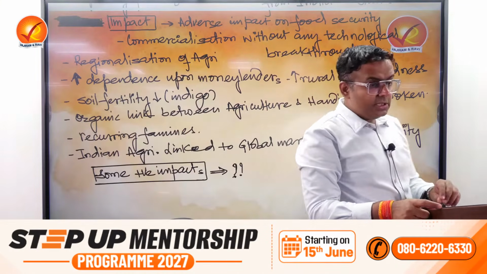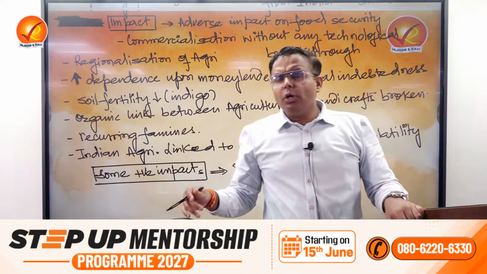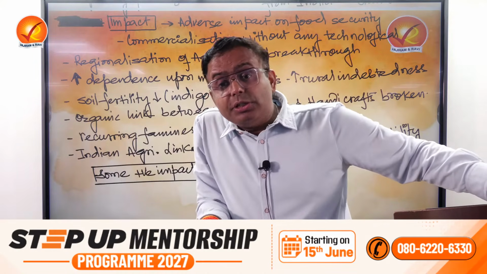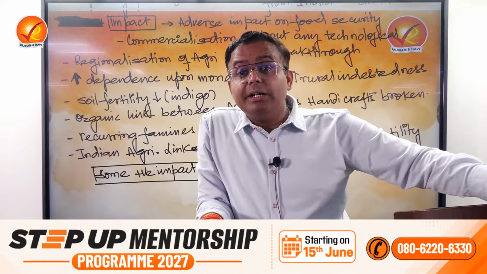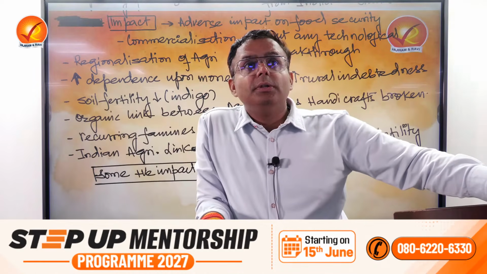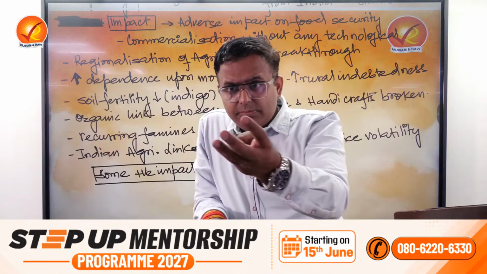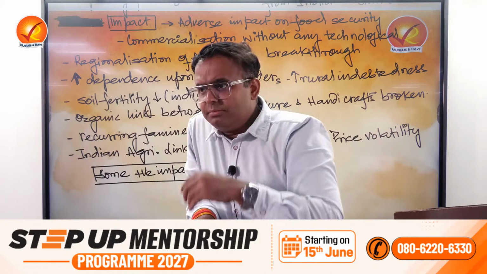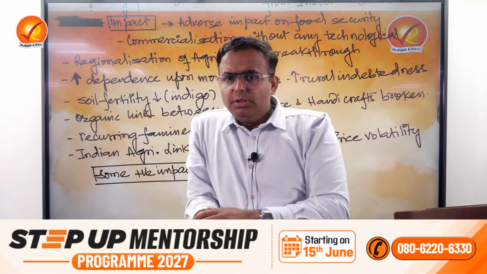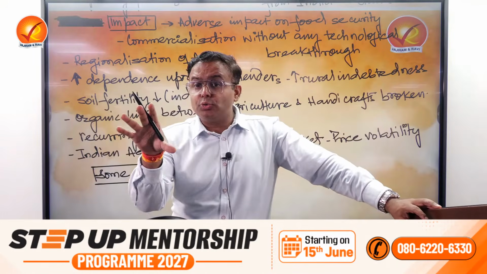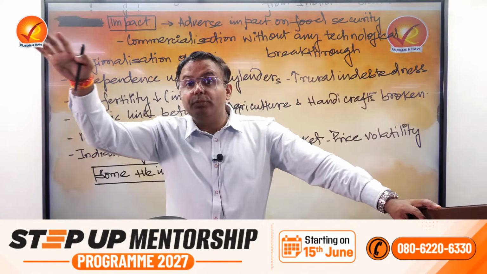Commercialization of agriculture also has an ecological dimension, जो कि आप लिख सकते हैं. Ecological dimension means it adversely affected the soil fertility. That is why you see the Champaran Satyagraha. Commercialization of agriculture exposed the Indian peasants to the volatility of the global market.